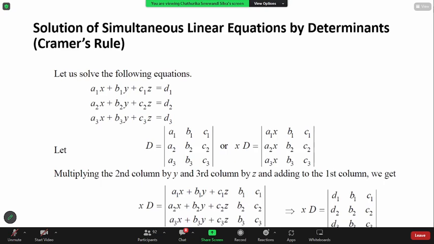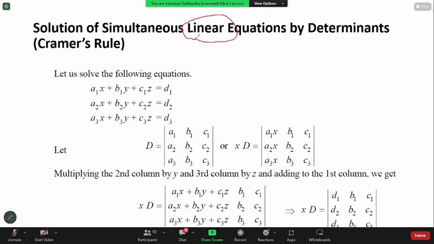If you look at the topic, there are a few important points that you need to think of. That is simultaneous equations, linear. This is very important. You can apply this method only when you have a linear set of equations.